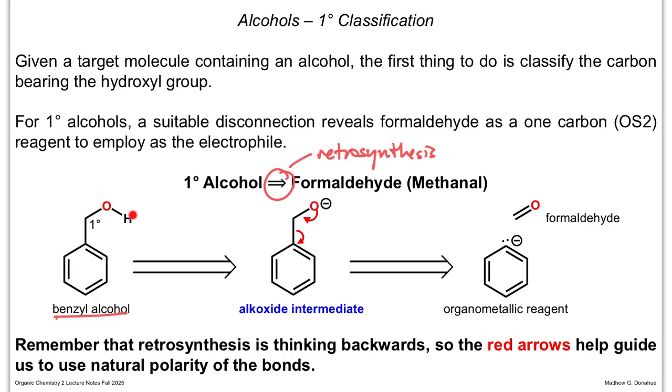The carbon bearing the OH, that's a primary carbon. So when we think about it, we want to make this carbon-carbon bond. Since that carbon is bearing the oxidation state of 1, when we think backwards, it has to start at an oxidation state of 2.